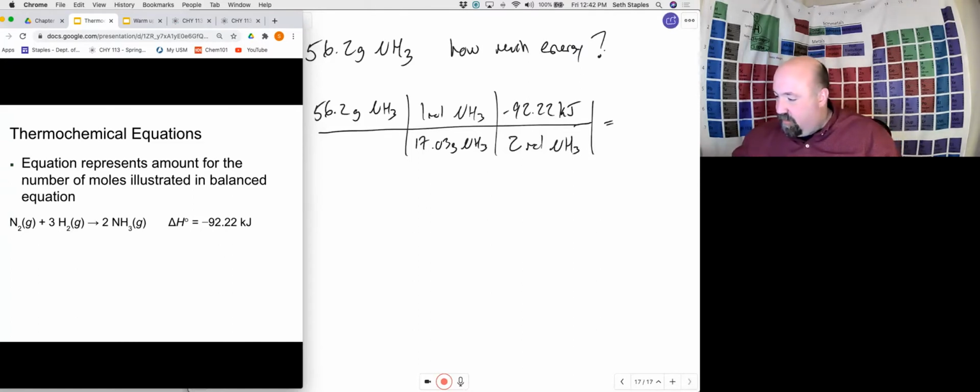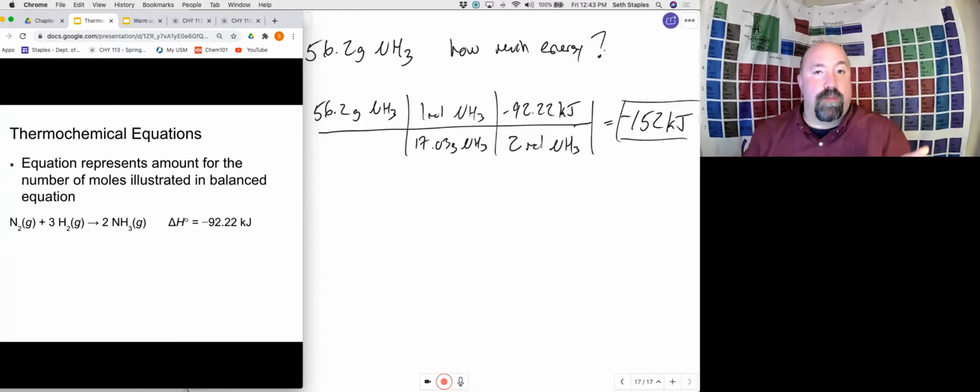Tells us that this particular reaction would release 152 kilojoules of energy.